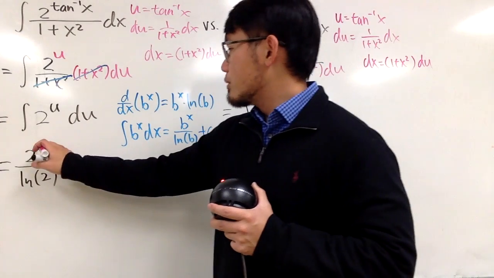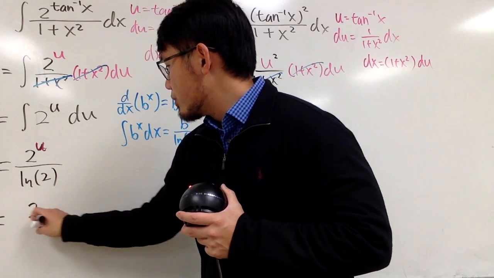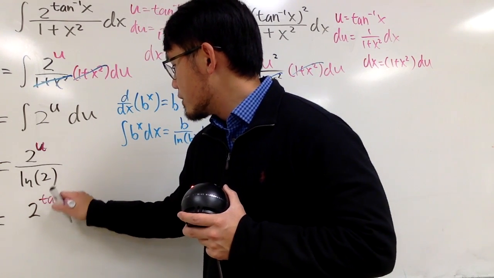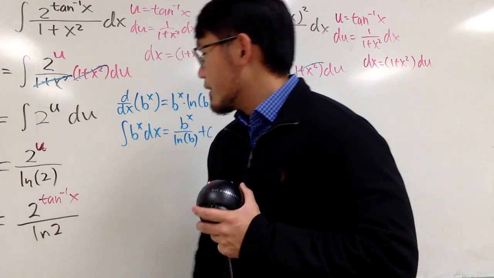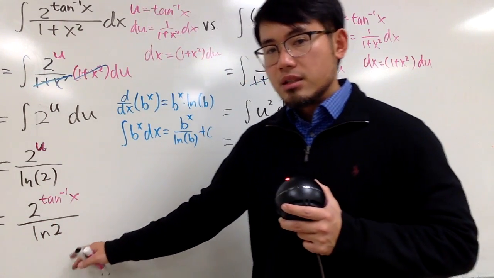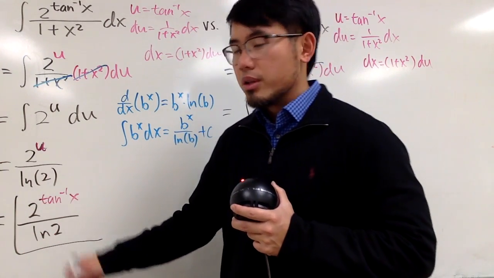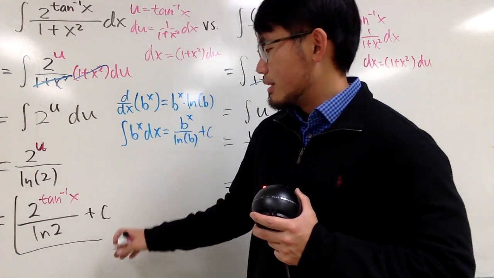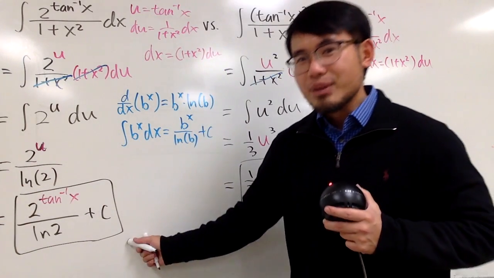In the end, you have to look at what u is. u is of course that, so we'll just put this back. So 2 to the inverse tangent of x all over ln 2. And when you just have 2 inside of the natural log, it's okay for you guys to not put down the parentheses. So that's it, but it's not okay for you to not put down the plus c. So anyway, that's it.